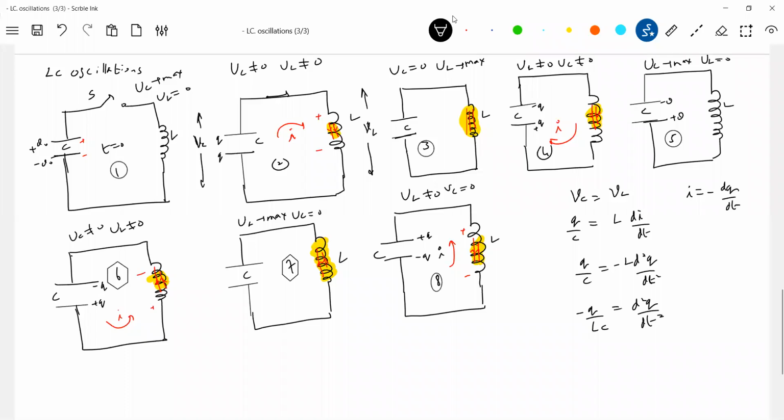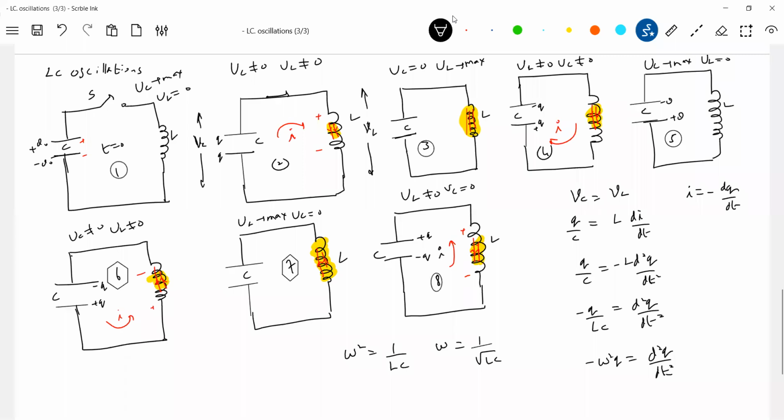If you compare this with the general equation of SHM, d square q by dt square should be equal to minus omega square q. From the SHM equation, omega square should be equal to 1 by LC, or omega equal to 1 by root LC.